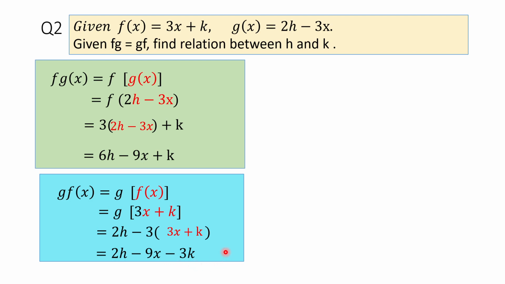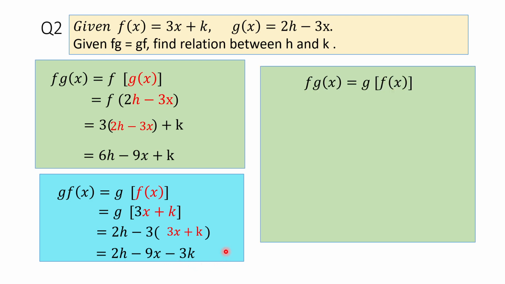So how to continue? We use the equation given, that is fg(x) equals gf(x). We have already found fg(x), so you substitute it. And gf(x), we have found it as 2h minus 9x minus 3k.